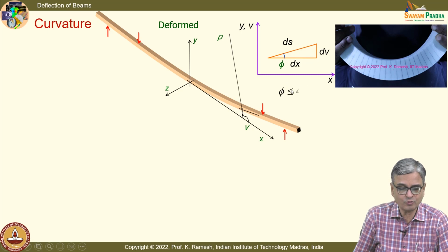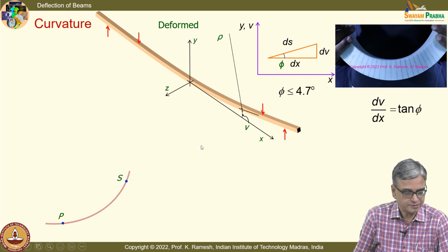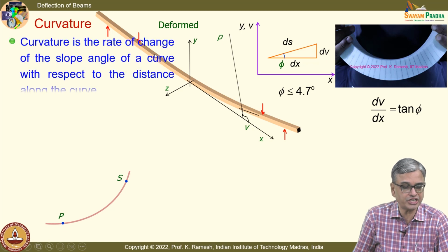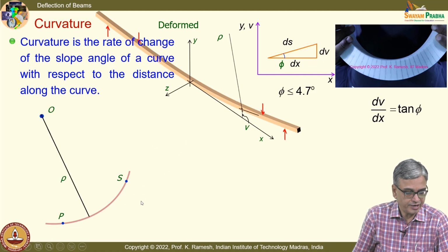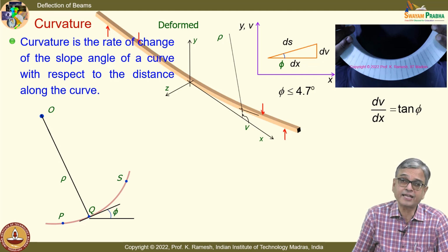And it is better that we go back and understand what is curvature. Curvature is nothing but rate of change of the slope angle of a curve with respect to the distance along the curve. So, I take a point Q, which is oriented at angle phi, and I take a neighboring point at a very short distance away.